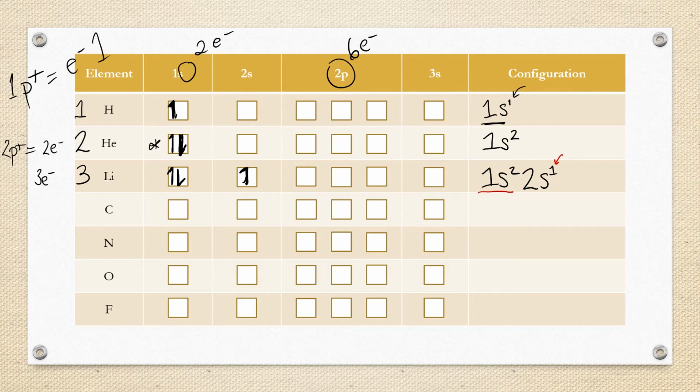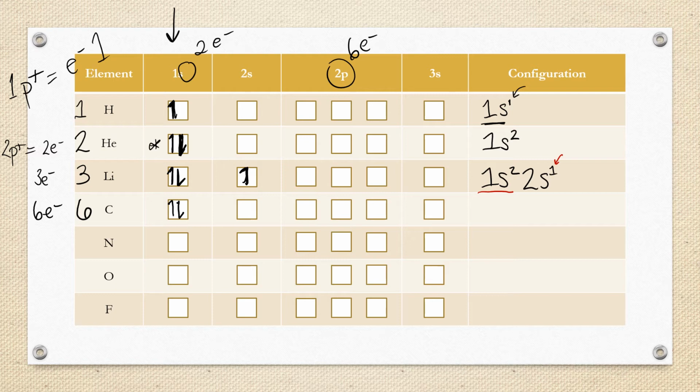Now let's jump ahead a few to carbon. Remember, carbon has an atomic number of 6. This means it has 6 protons, which means in a neutral atom we have 6 electrons. So how would we fill this out? Well, we first need to completely fill our 1s orbital with 2 electrons. Remember, that's the maximum number that each box, each orbital can hold, and they have to have opposite spin.